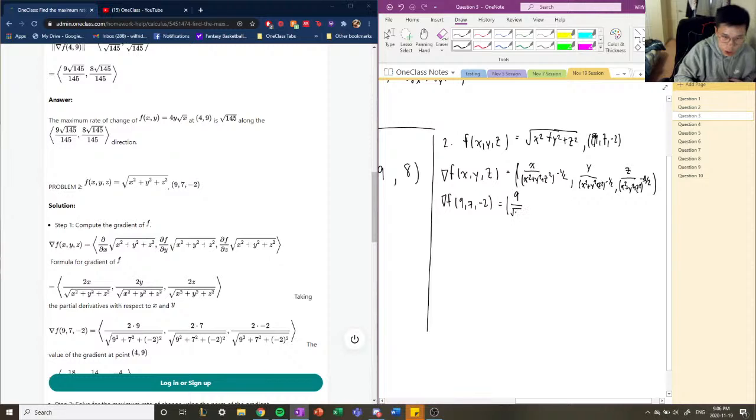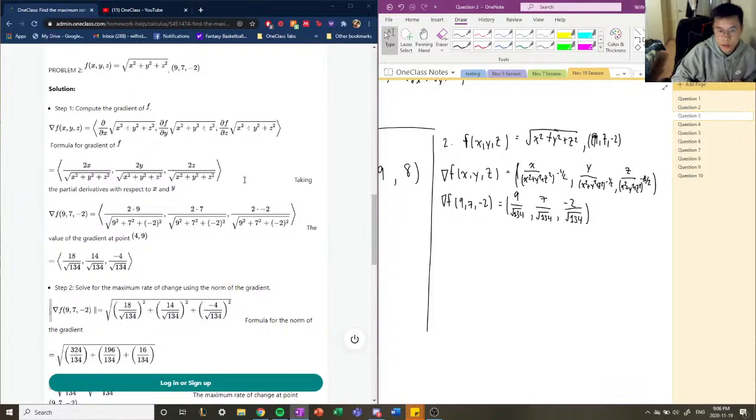The square root of 134. All right, 7 over the square root of 134, and -2 divided by the square root of 134. Okay, so this is the gradient at this x, y, and z.